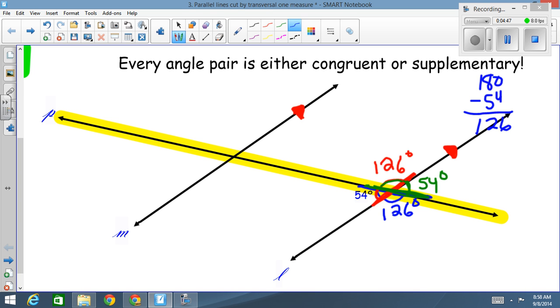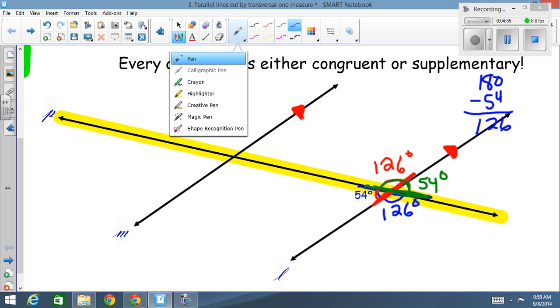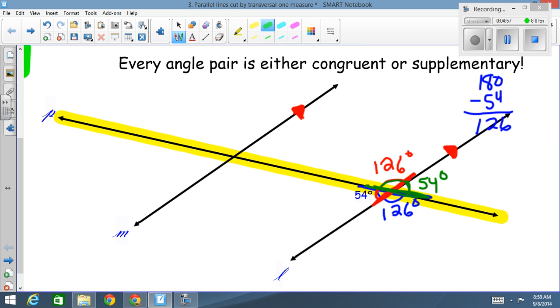And for that matter, your vertical angles. We'll get into that a little bit later. For instance, if I look at the angle 54 right here, that angle is going to be the same as this angle here because they are alternate interior angles.